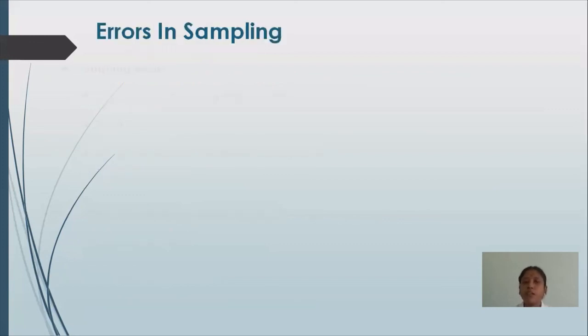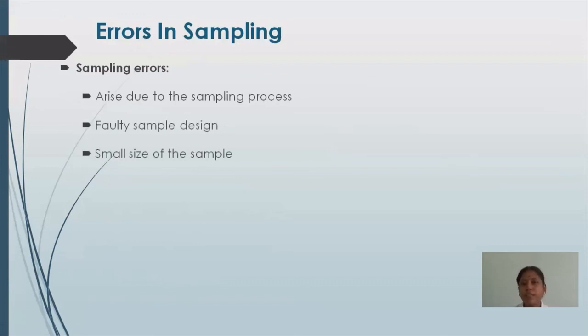So now coming to the errors in sampling. The sampling errors can arise due to the sampling process, faulty sample design, or the small size of the sample.